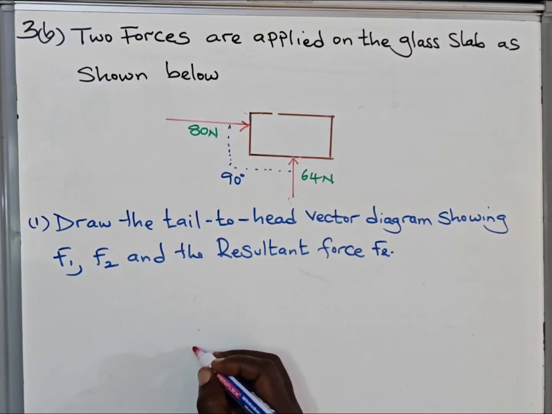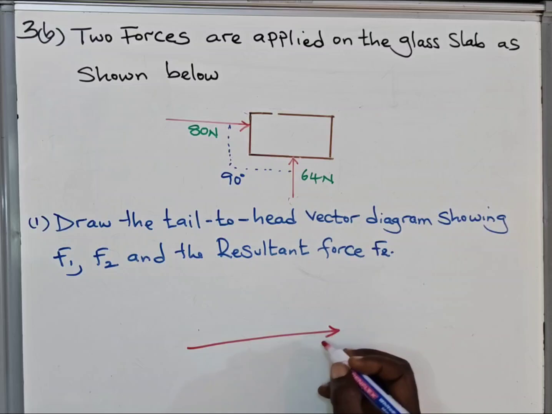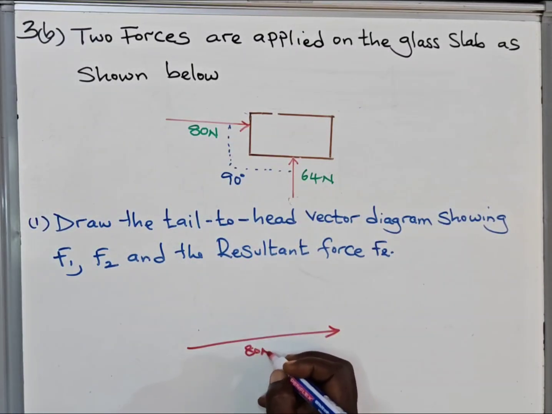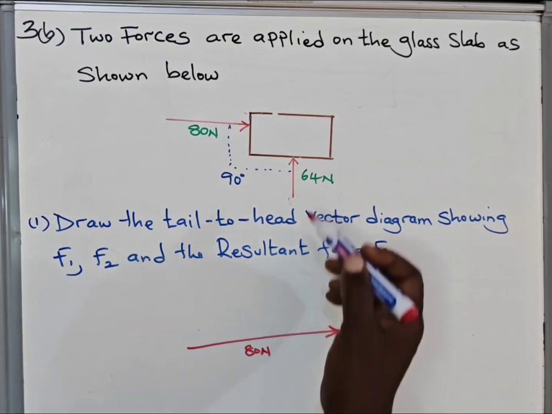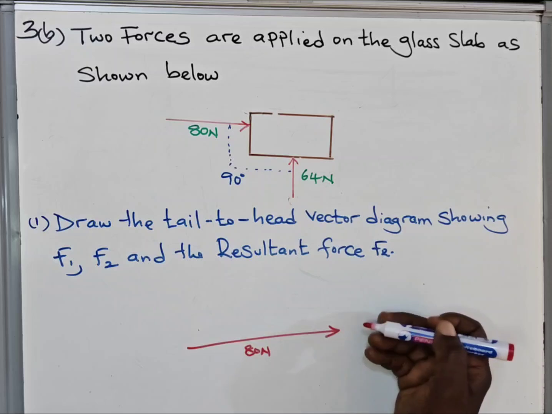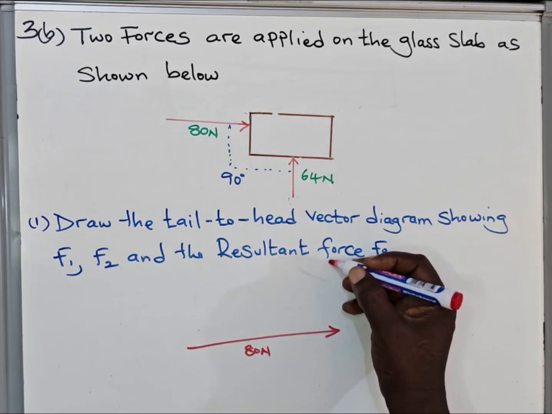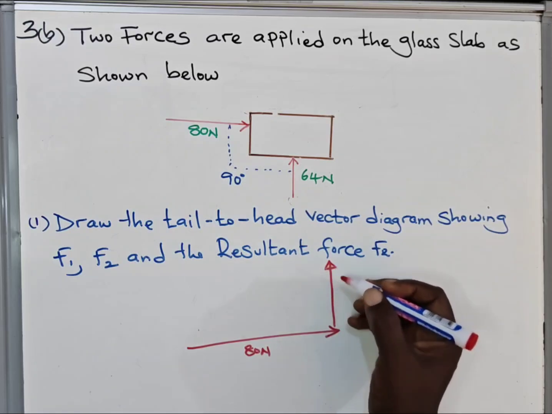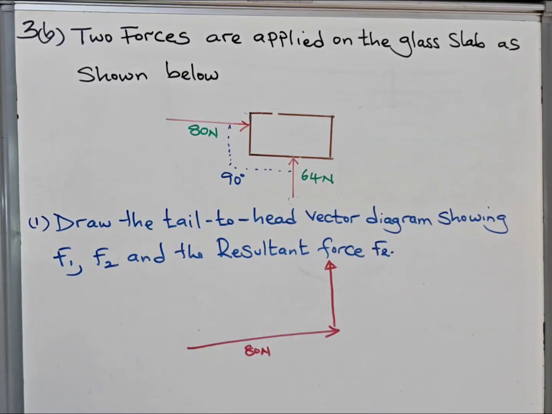If we maintain the horizontal one, which is the 8 Newton force, then where does this one come? Its tail must meet this head, so it comes here, like that. You have to remember that they must not change the direction. After that, let's make this one a bit shorter to be relative.